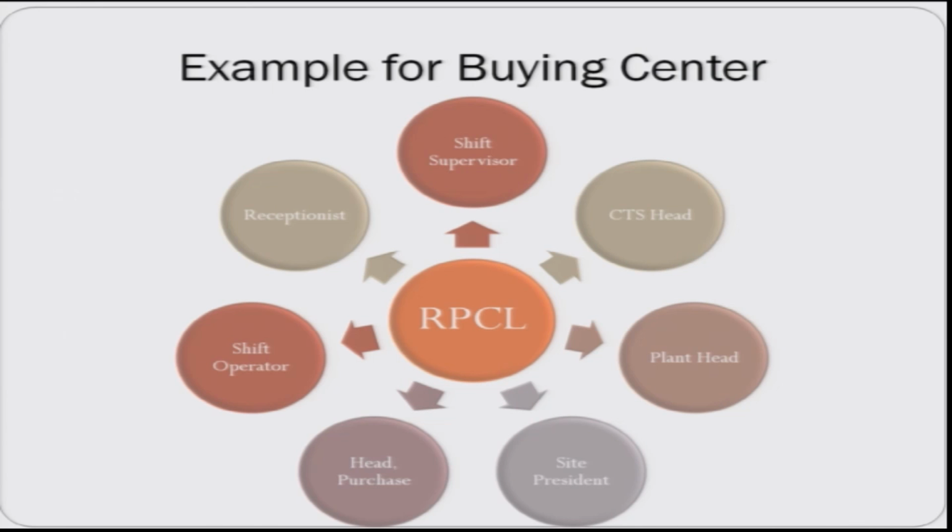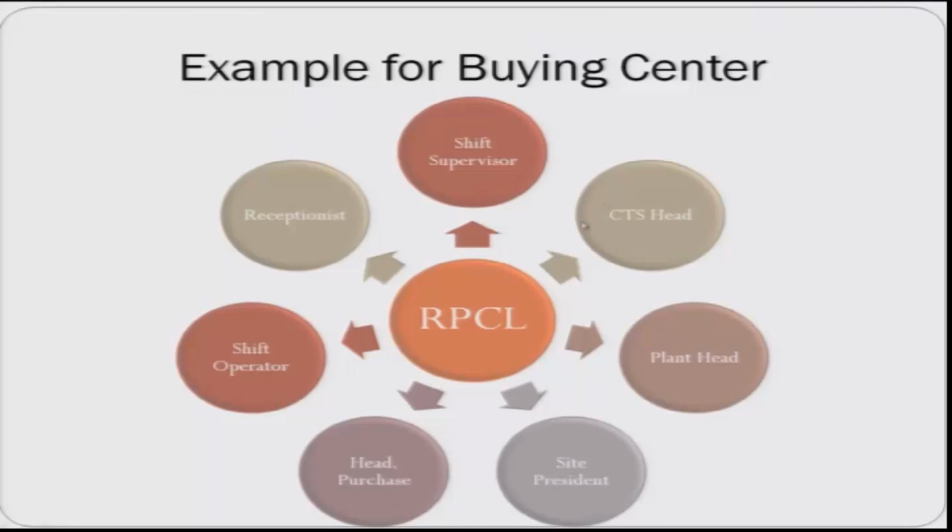So, now you have understood the concept of the buying center. You also have to understand that, as I was discussing, depending on the buying situation, there could be new task buying, modified rebuy, or routine purchase.